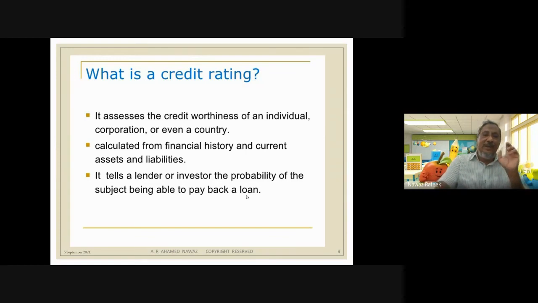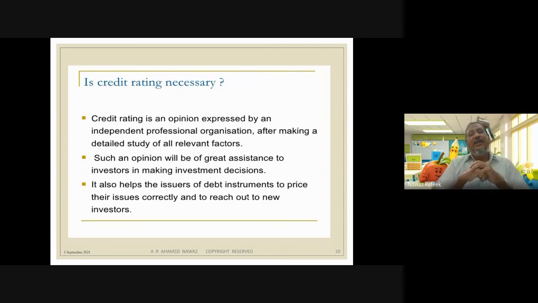Why is credit rating necessary? Credit rating is an opinion expressed by an independent professional organization after making a detailed study of all relevant factors. The rating company is a professional organization.